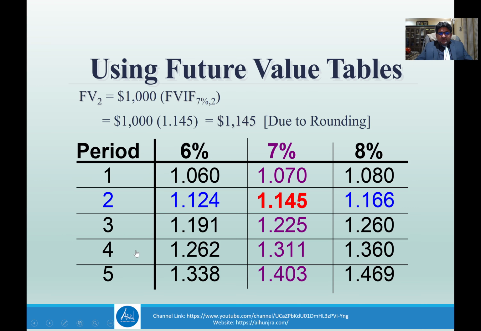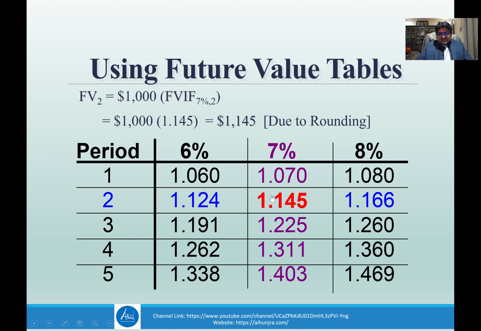Same for interest rate. If interest is increased with the time period at 4 years, we look here, 1.360, which is bigger than at 7%. The higher the interest rate and the more the time period, the greater will be the future value. If time is increased to 5 years and interest is 8%, it's an even bigger value, 1.469.